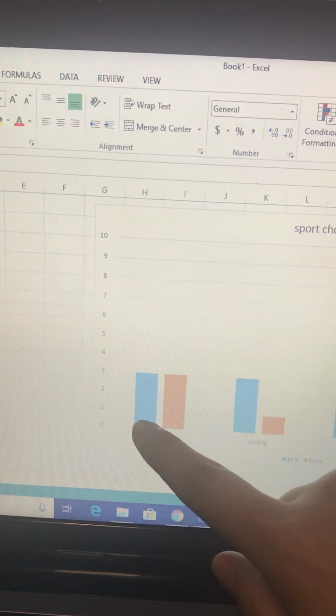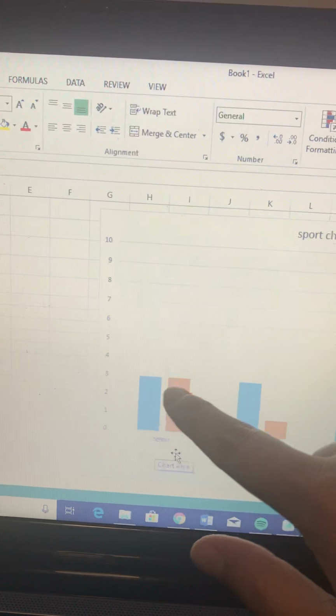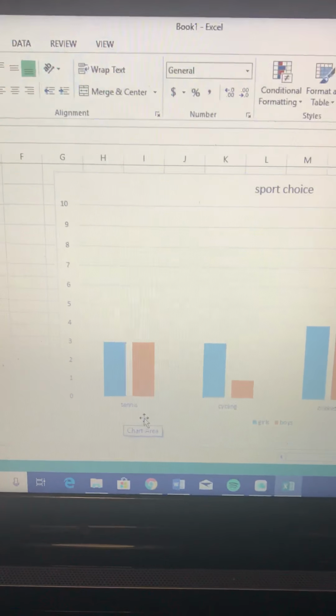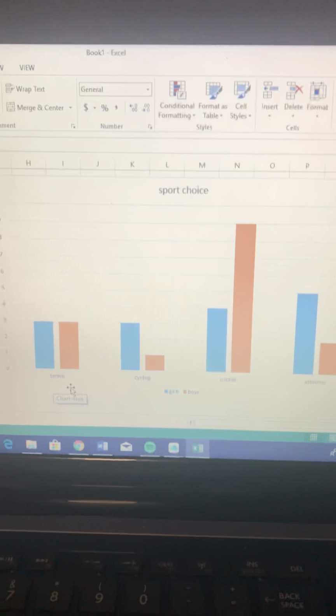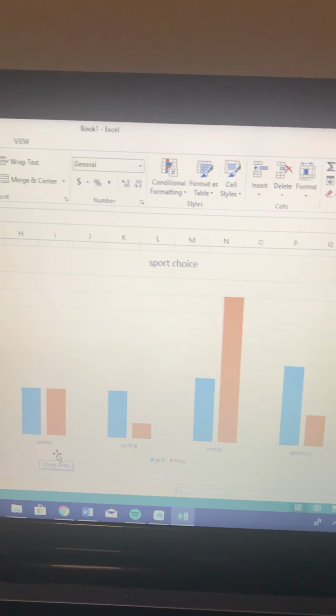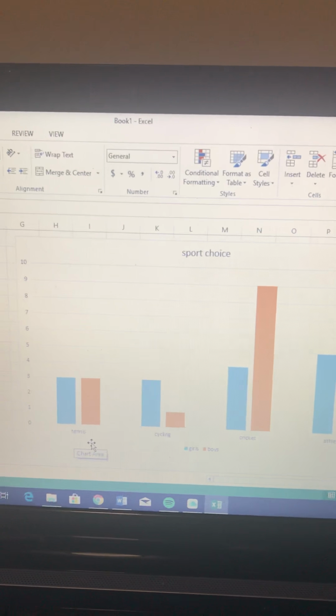So we can see that both girls and the boys, 3 each of you enjoyed the tennis. Okay, so if we're looking at the cricket, which did the boys or the girls prefer cricket? Which gender preferred cricket?